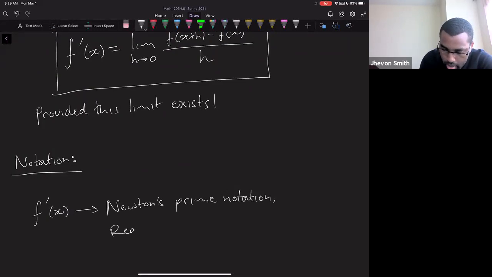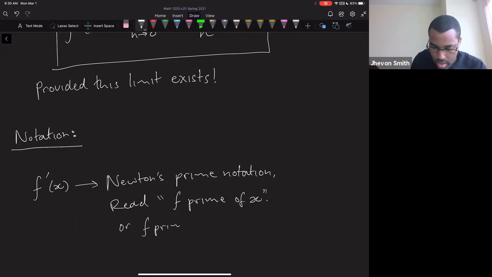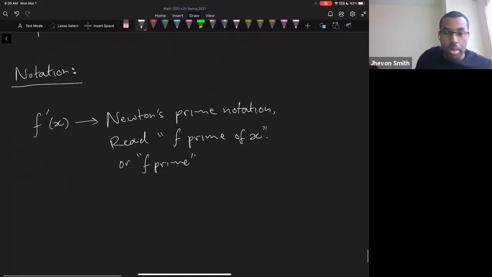It's read F prime of x, right? So we call it F prime of x, or F prime. So that was the notation that Newton came up with when he was developing his cohesive theory of calculus.